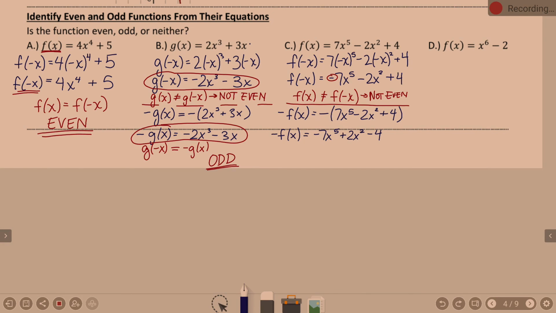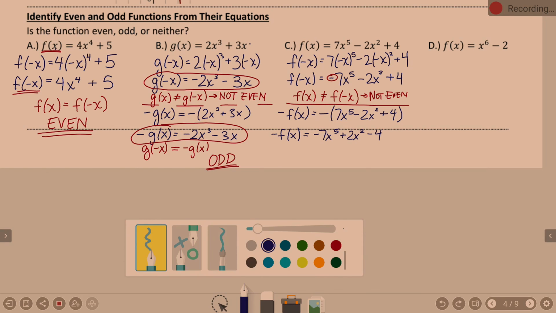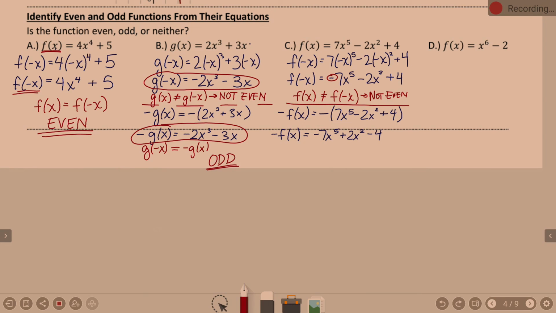What do you know here? It is not the same. Wait, no, it is. It is neither. These negatives match, but we've got plus 2x squared and minus 2x squared, minus 4 and plus 4. Does f of negative x equal negative f of x?